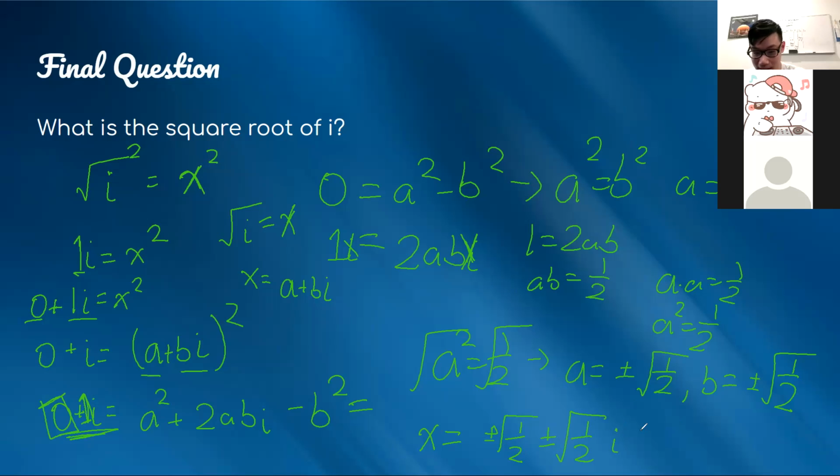And we know that x is the square root of i. So here is our answer. The square root of i is just square root of 1/2 plus square root of 1/2 i. Now, I'm going to confirm this by actually squaring our answer.